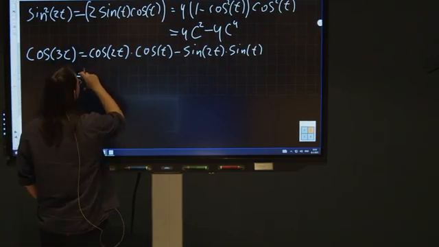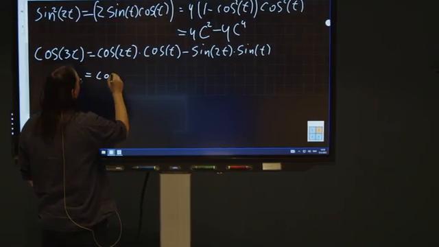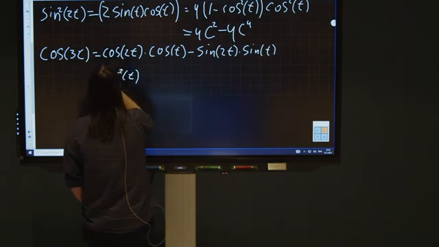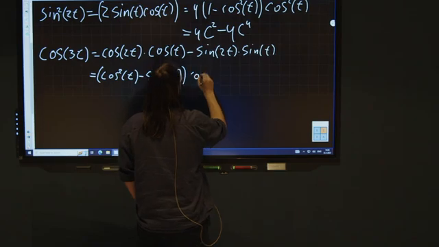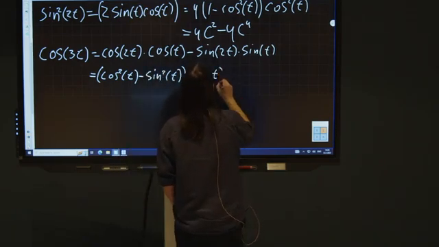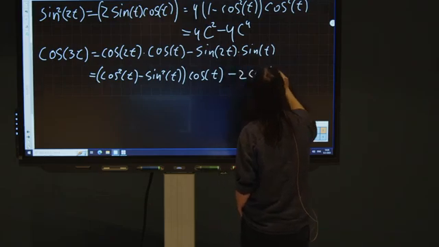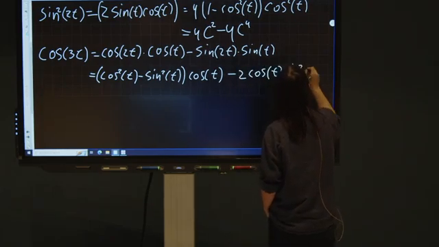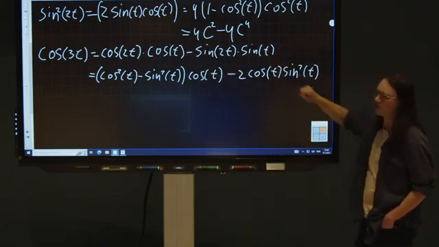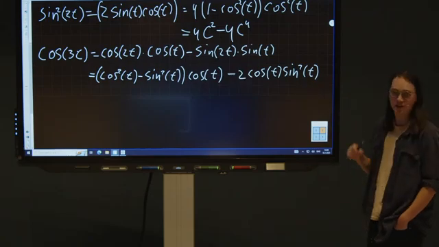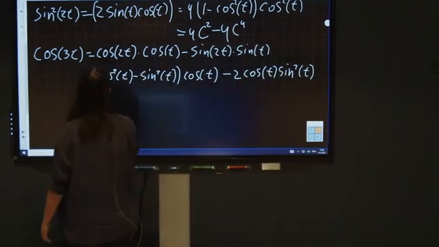are... All right, so the doubling angle formula then for the cosine. So we just get cosine squared t minus sine squared t times cosine t minus twice cosine t. There. Right, so that's twice cosine t sine t times that other sine t gives us sine squared t, which again is very good because that nicely writes down to 1 minus cosine squared.